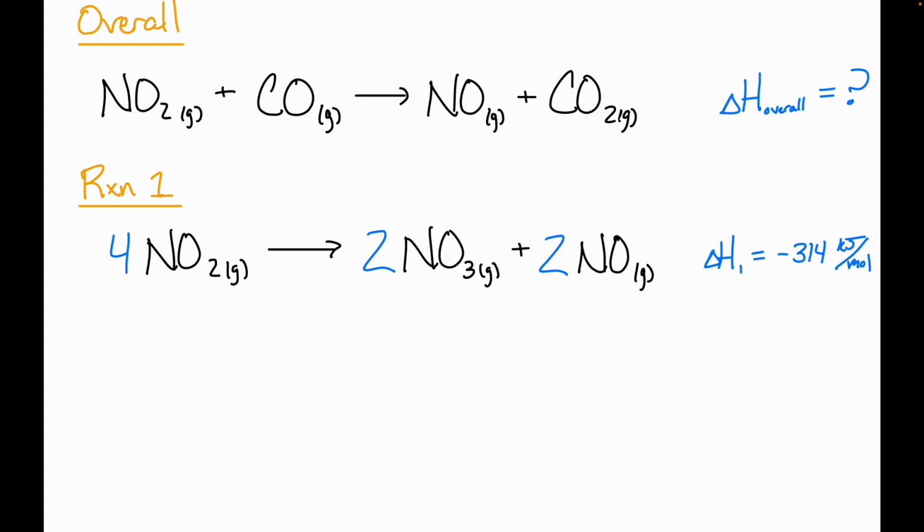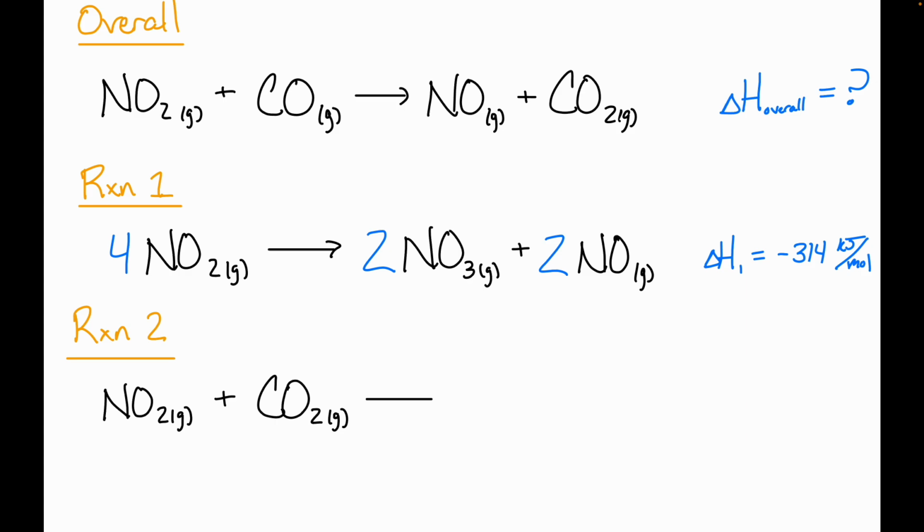And then we studied a second chemical equation. This is when we took nitrogen dioxide and reacted it with carbon dioxide. This formed NO3 and carbon monoxide.